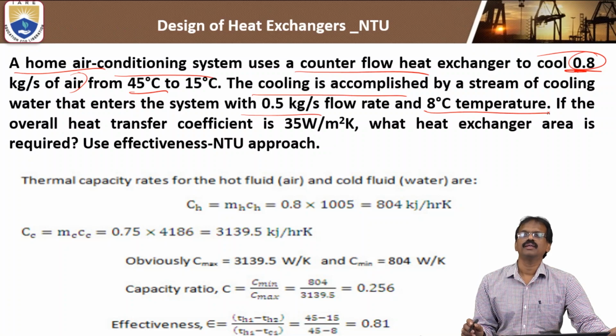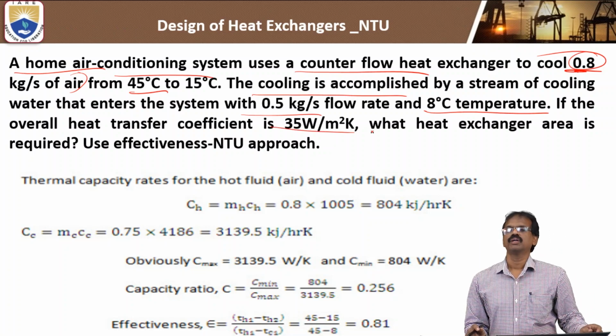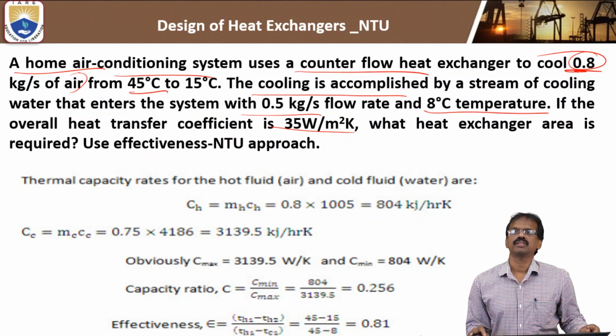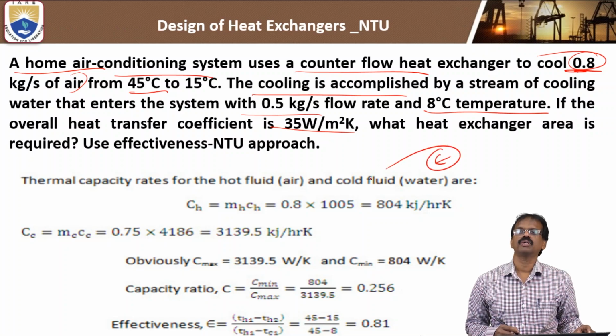So here there are two fluids, air and water. The overall heat transfer coefficient is also given, 35 watt per meter square Kelvin. So what heat exchanger area is required? Use the effectiveness NTU method. By using the effectiveness, you can find out the area of this counterflow heat exchanger.